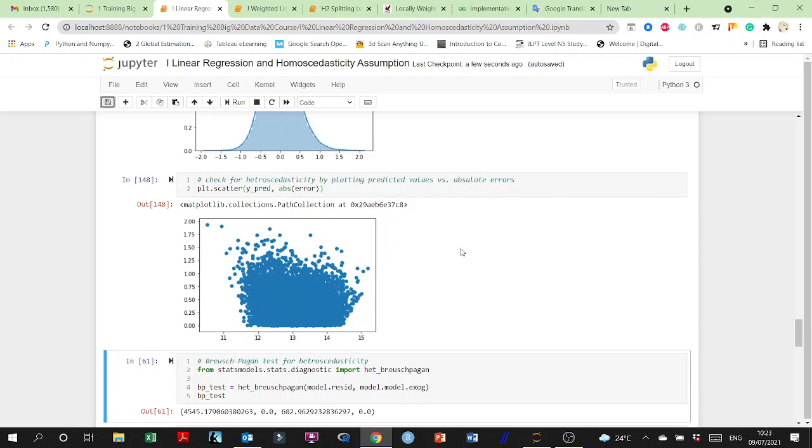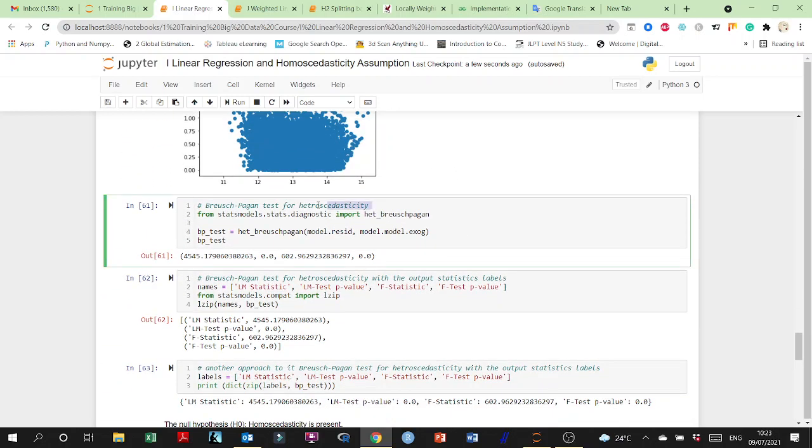All right, so to make sure that we get the right answer for heteroskedasticity, we use the Breusch-Pagan test for heteroskedasticity, using statsmodels. So today we are just using statsmodels, and we're using the Breusch-Pagan heteroskedasticity test. And here is the test.